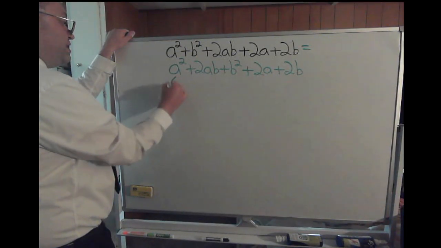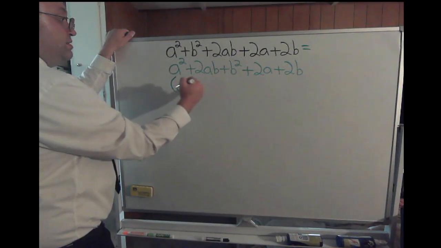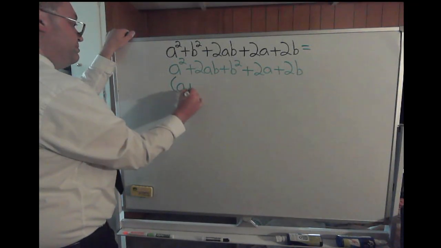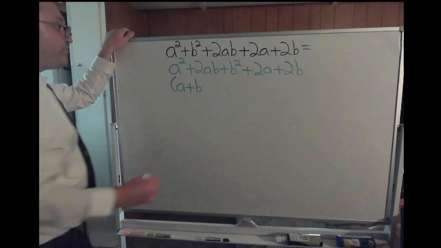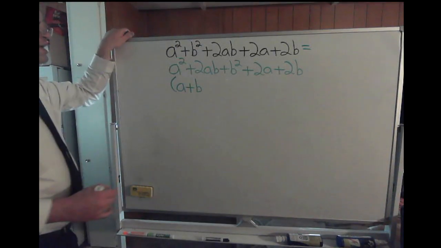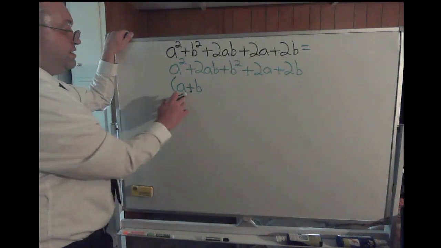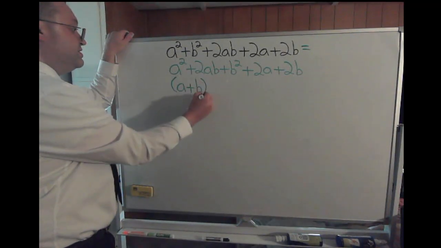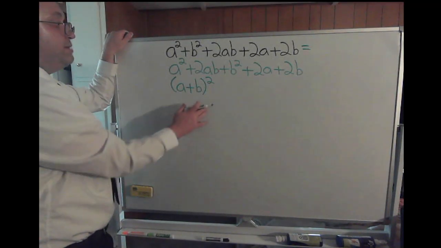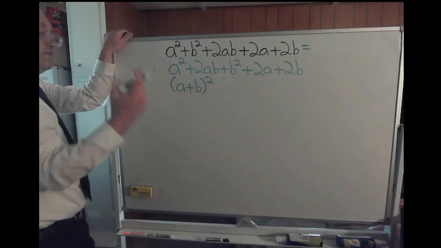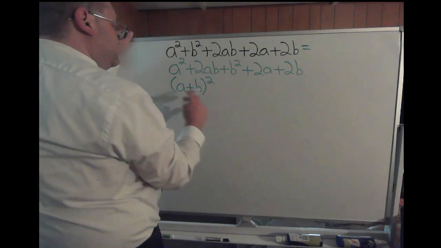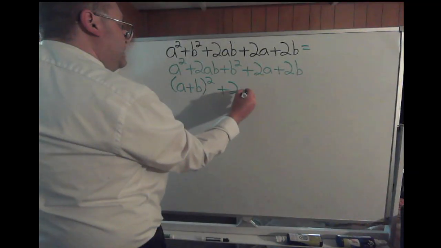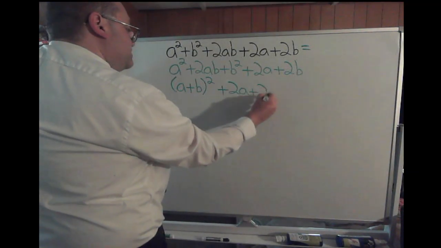Square root of a squared, well, that's a. We have a positive sign in the middle, so a positive square root of b squared, that'd be positive b. Alright, now you have, if you take 2 times a times b, you get 2ab. So this is a binomial square or a perfect square trinomial, however you want to say it. So you have a plus b, that quantity squared, plus 2a plus 2b.